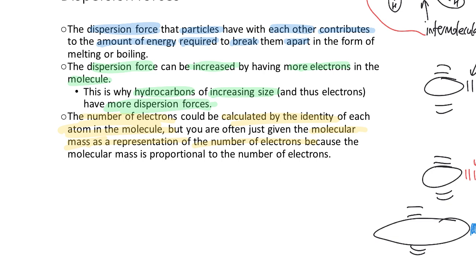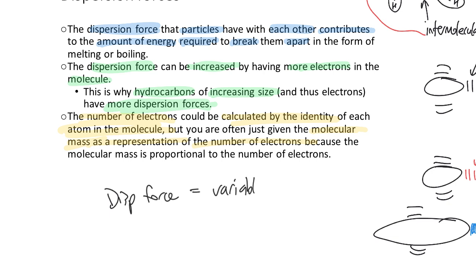All right. One thing you also need to remember about dispersion forces is that they are extremely variable, right? If you've got a small molecule, you haven't got many electrons, they can be very weak. But if you've got lots and lots of electrons, they can be extremely strong as well. So what you've got to remember is that dispersion forces are of variable strength.